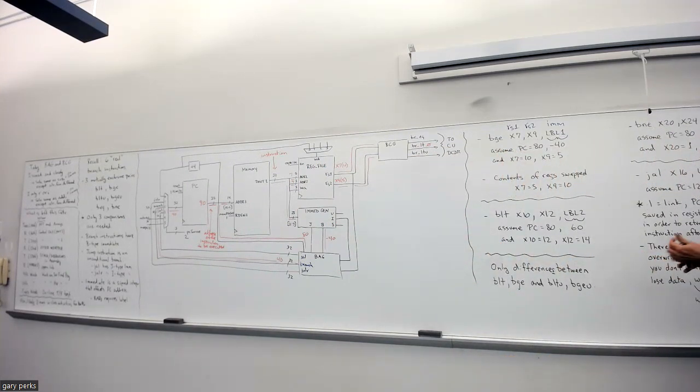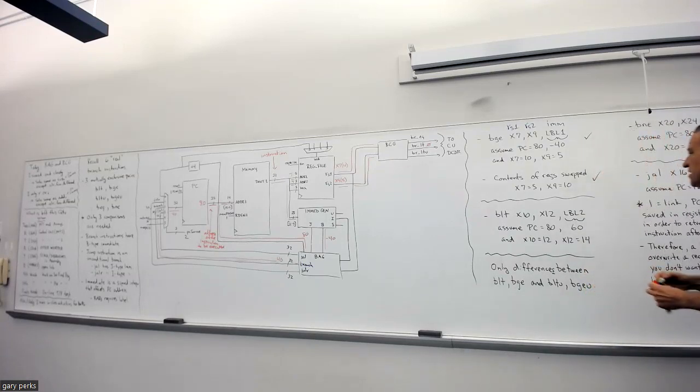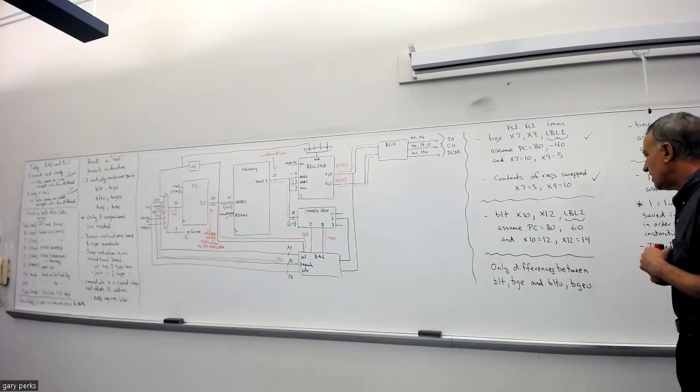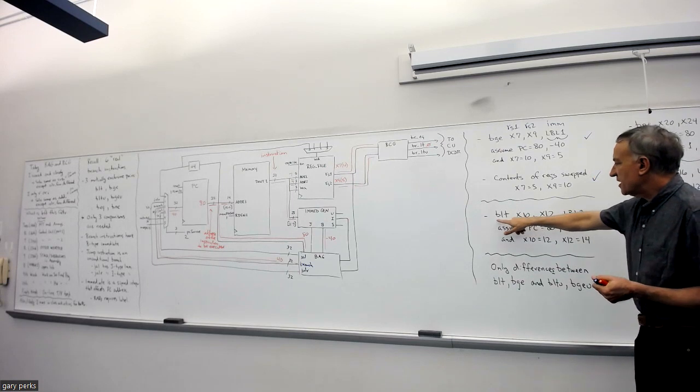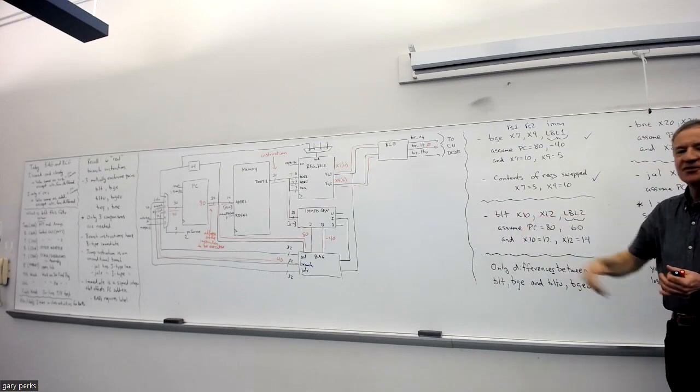Okay, so we did this one and talked about this. Let's do this one here. This is where I'm going to do a shortcut, as long as it's okay with everybody. What instruction do we have here? A BLT is what?